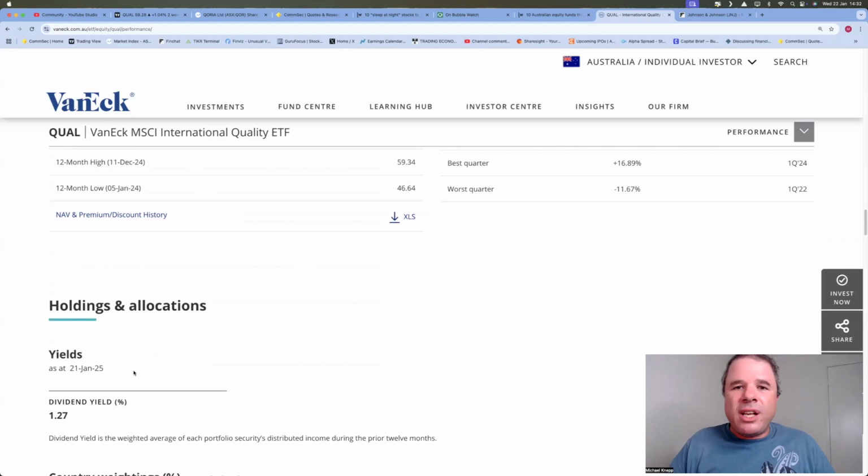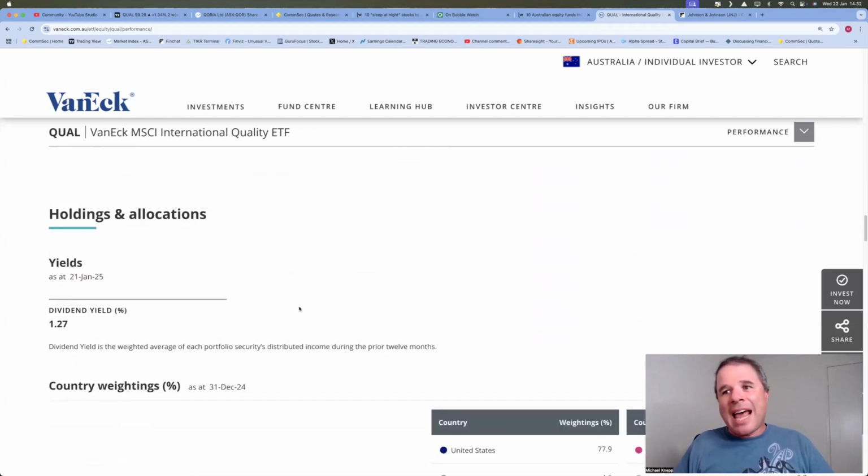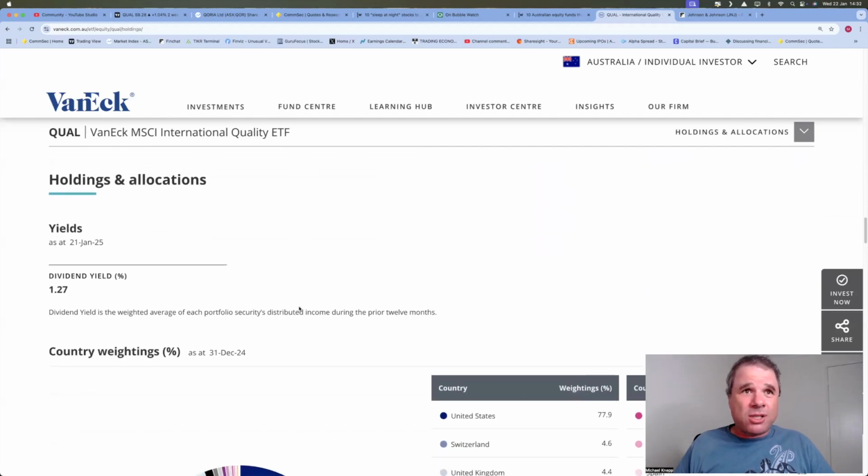By the way, this is not the sort of ETF you want if you want income. Dividend yield 1.27%. And that sort of makes sense because I would not say any high quality companies have a high dividend yield, because one of the things that's very important when it comes to all companies, high or low quality, is capital allocation. What do you do with the money that's coming in the front door?